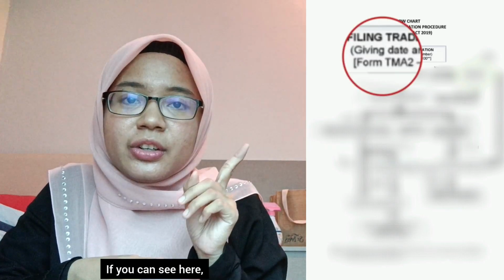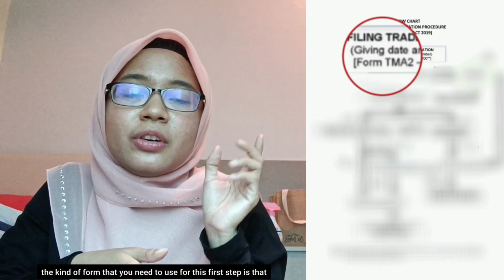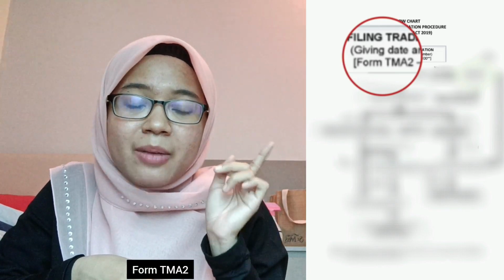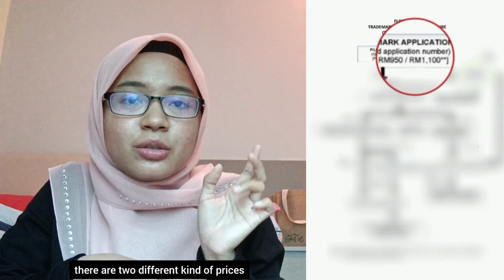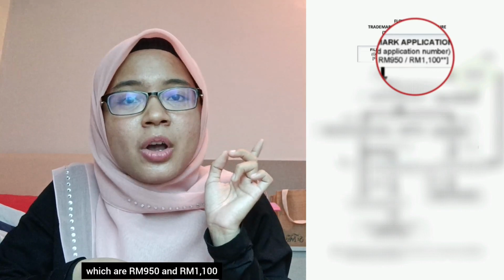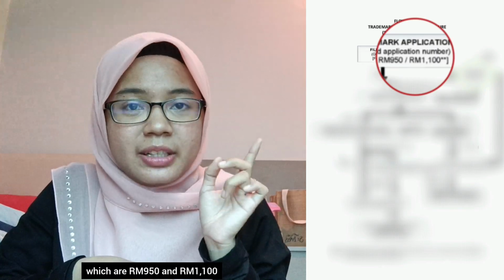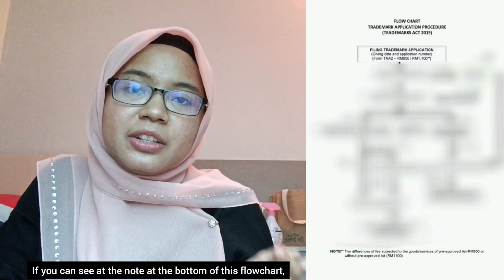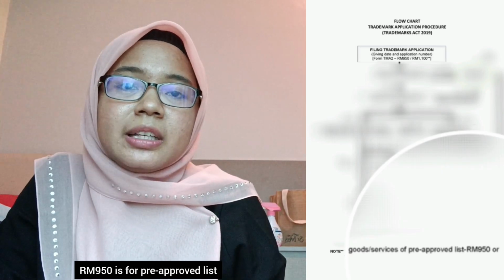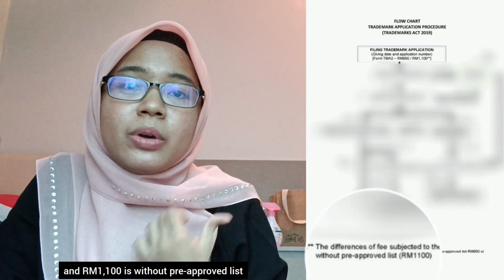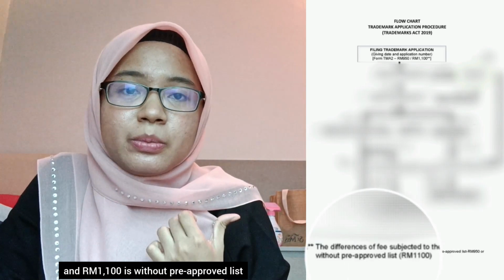If you can see here, the form that you need to use for this first step is form TMA2. And it can be seen as well that there are two different prices, which are 950 ringgit and 1,100 ringgit. If you look at the note at the bottom of this flowchart, it says that 950 ringgit is for pre-approved list and 1,100 ringgit is without pre-approved list.